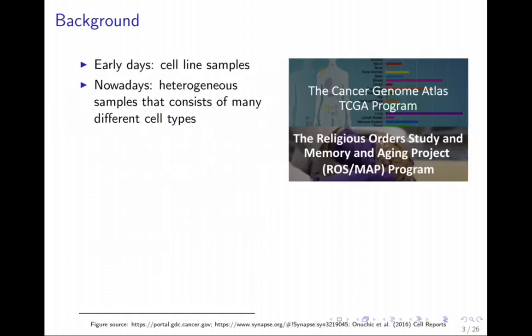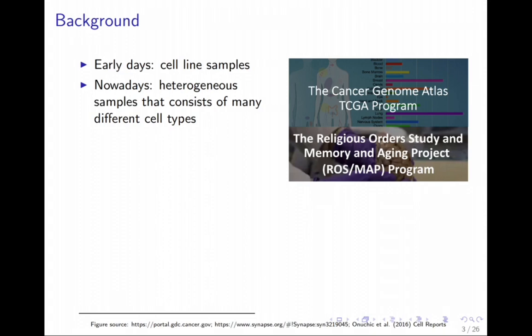So some background. In the early days of high-throughput data analysis, people studied cell line samples. But in recent years, there's a growing interest in indirectly collecting samples from the human body. The samples collected, including tumor, brain, and blood, are all heterogeneous samples that consist of many different cell types.